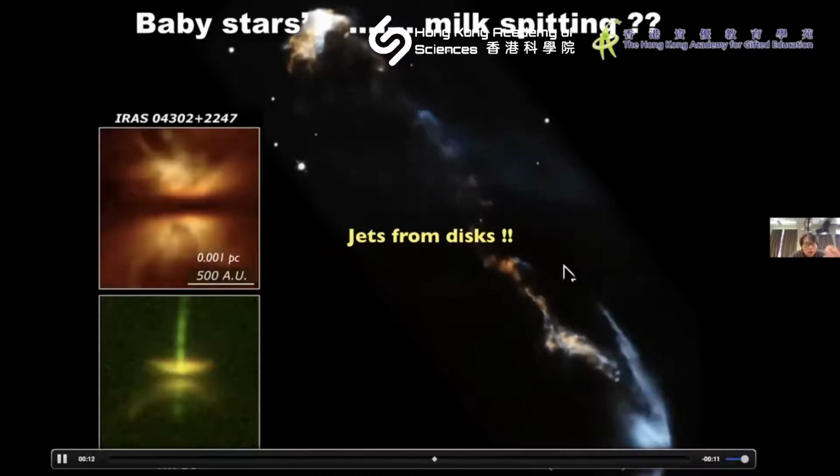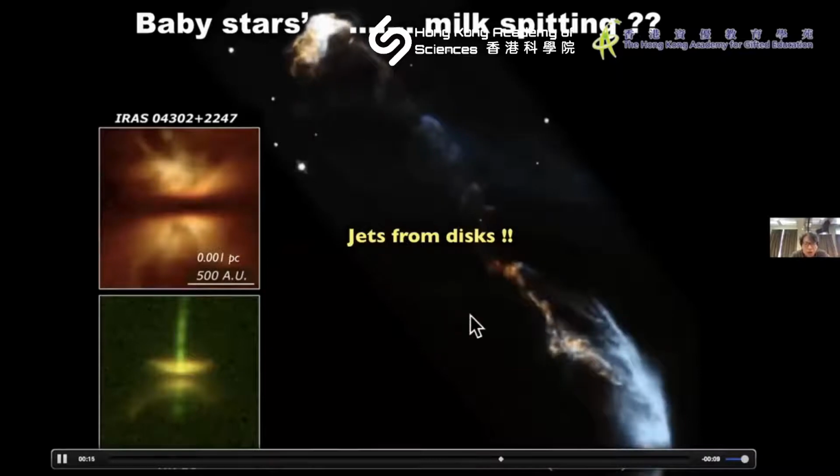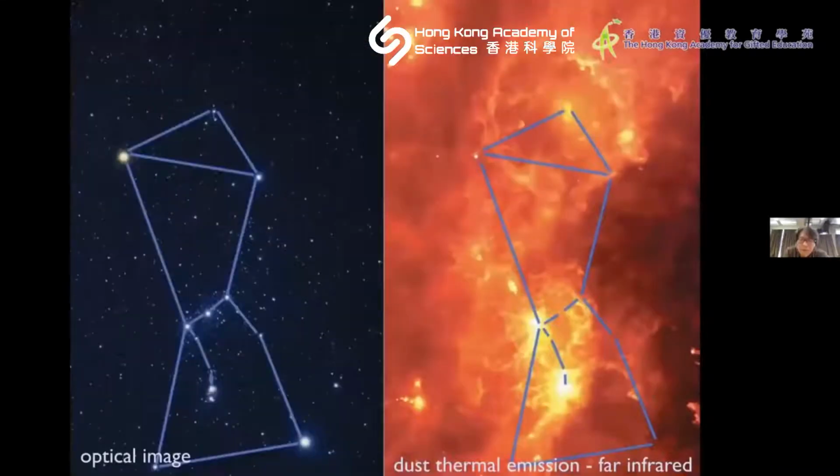Okay, these are all the properties of these newborn baby stars, some properties we observed. And we apply the same strategy, looking at different frequencies, mostly toward the infrared side.